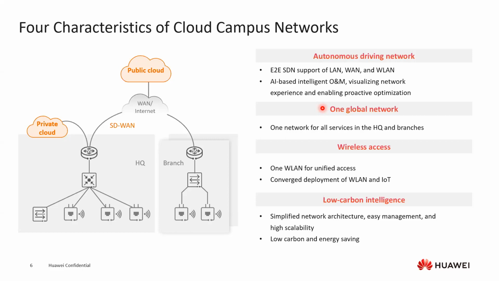For example, if there is any trend or fault that can be predicted based on the historical network data. In addition, users' network experience must be visualized on a cloud campus network.